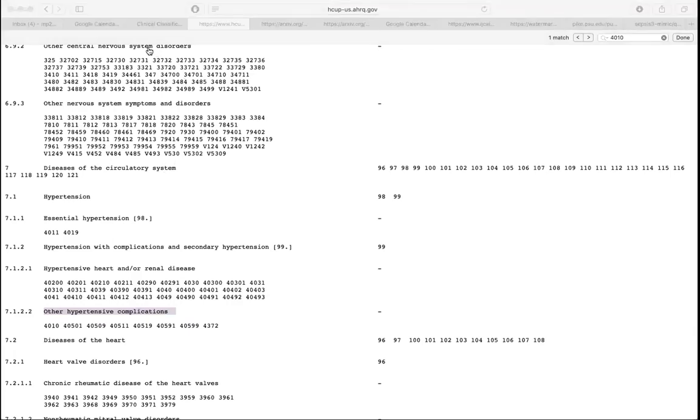And the last one I'd like to show you is something called SNOMED CT.